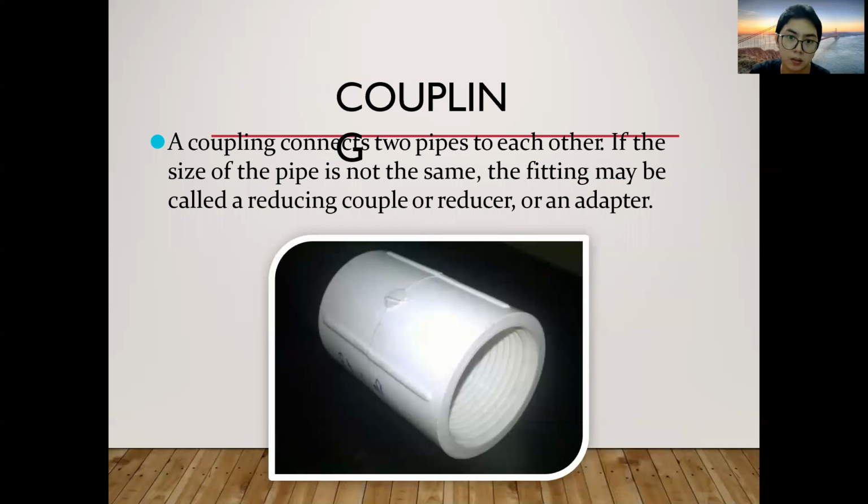For the next is coupling. Coupling connects two pipes to each other. This coupling will be the support system for the two pipes that will connect to each other, so the pipes will not break, and the water that flows in that pipe will not be wasted.